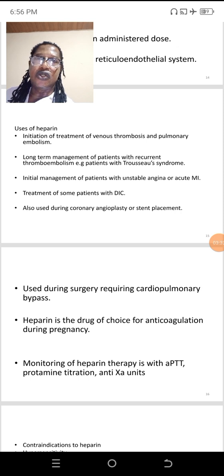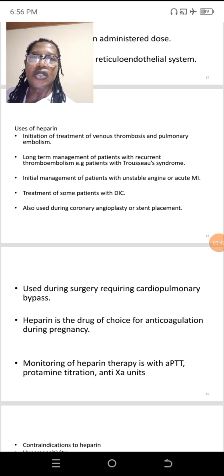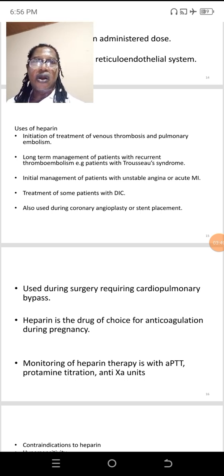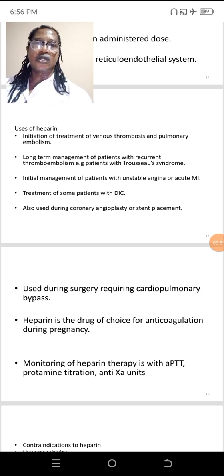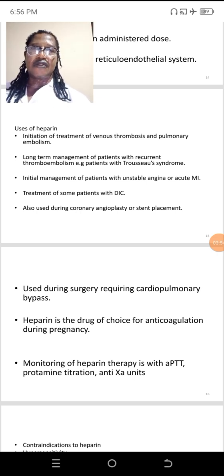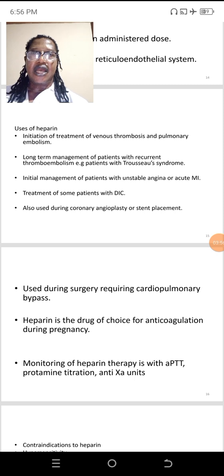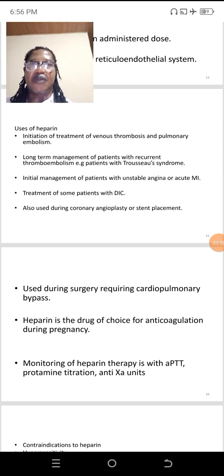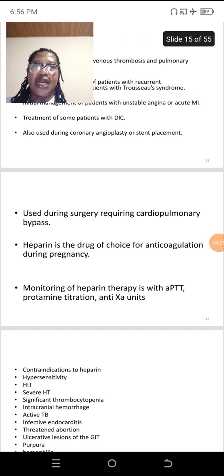Heparin is used, number one, for initiation of treatment of venous thrombosis and pulmonary embolism, for the long-term management of patients with recurrent thromboembolism, in the initial management of patients with unstable angina or acute myocardial infarction, also used for the treatment of some patients with DIC, can also be used during coronary angioplasty or stent placement, also used during surgery requiring cardiopulmonary bypass.